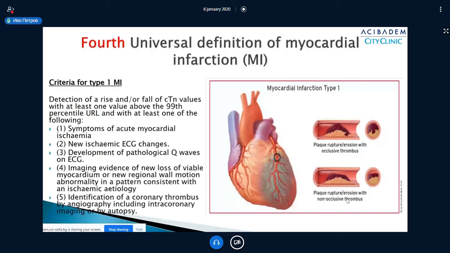I mentioned already that one of the main goals of the medication in patients with coronary heart disease is to prevent thrombosis. In case thrombosis occurs, there is a full stop of the supply of the myocardium, and in fact this is leading to necrosis, and this is the myocardial infarction.